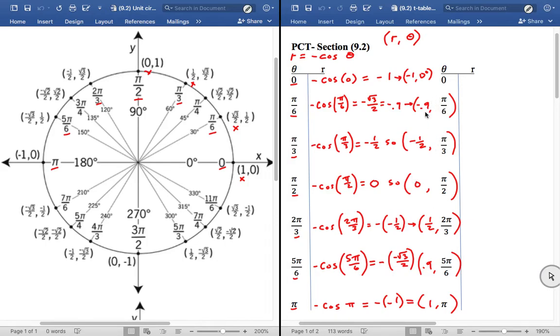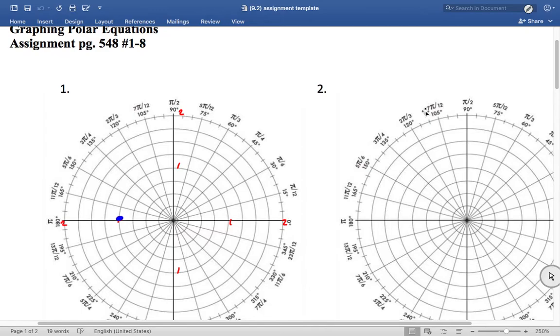Reagan, how do I graph -0.9 comma pi over 6? Okay, right here. Yes, yes. Just shy of 1. It's -0.9, so just shy of 1.